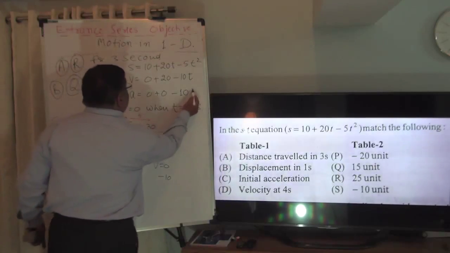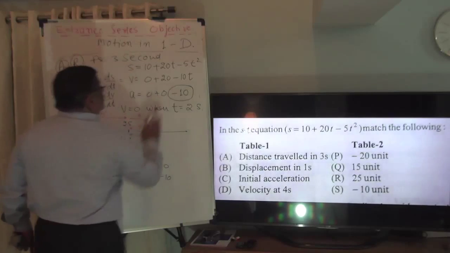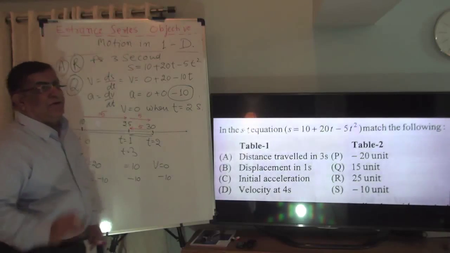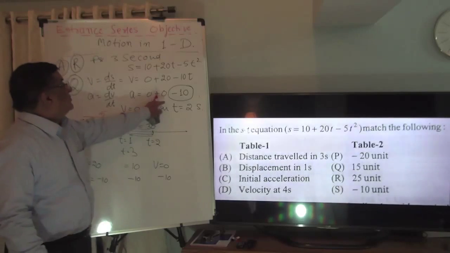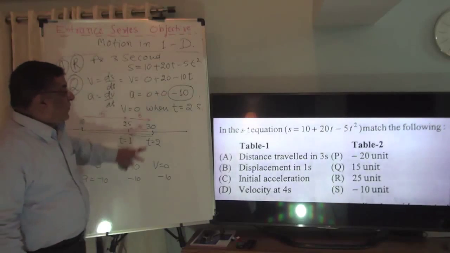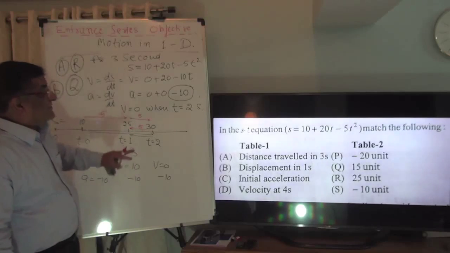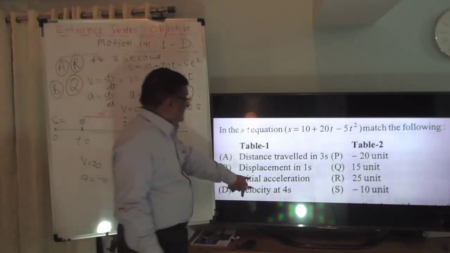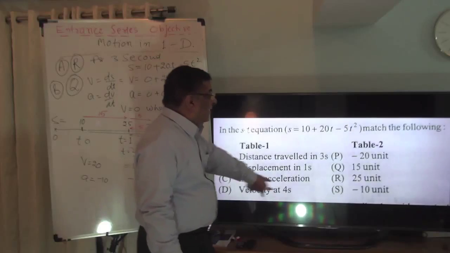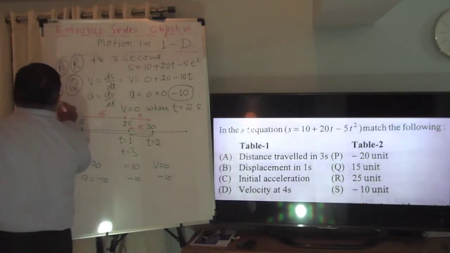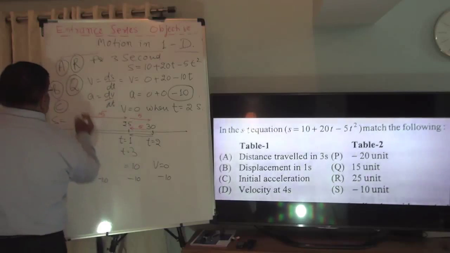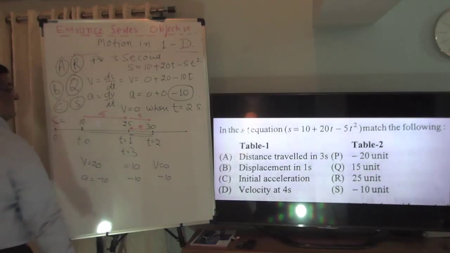Acceleration we have found is always minus 10. Even when time is 0, time is 1, time is 2, it does not matter because there is no t here. So acceleration is always minus 10. Whether it is initial, final or in between, it is always minus 10. So C matches with minus 10, that is S.